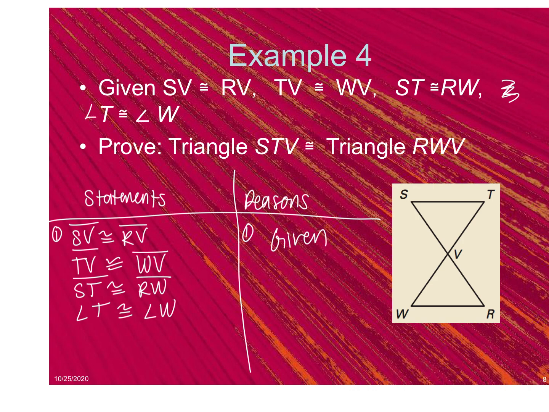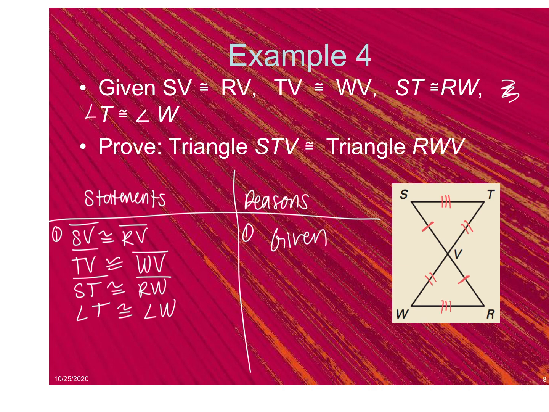All right, when I say it's super important you label in geometry, you have to label these. So looking at the image on the side, SV, I'm going to label it with one tick mark, is congruent to RV. Those are the same. TV is congruent to WV. And ST is congruent to WR.